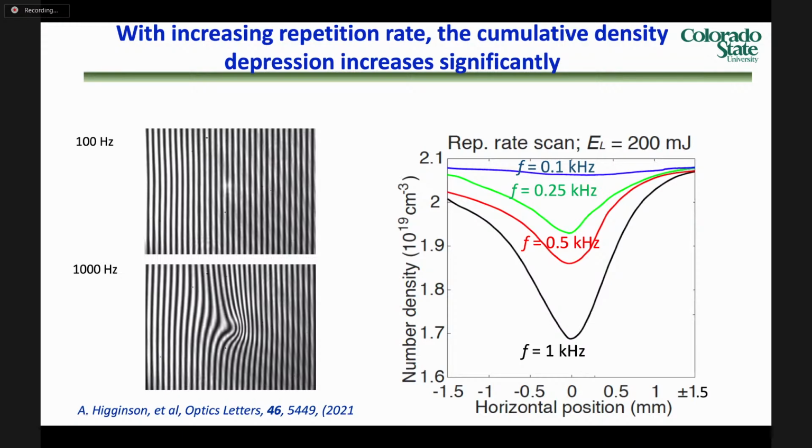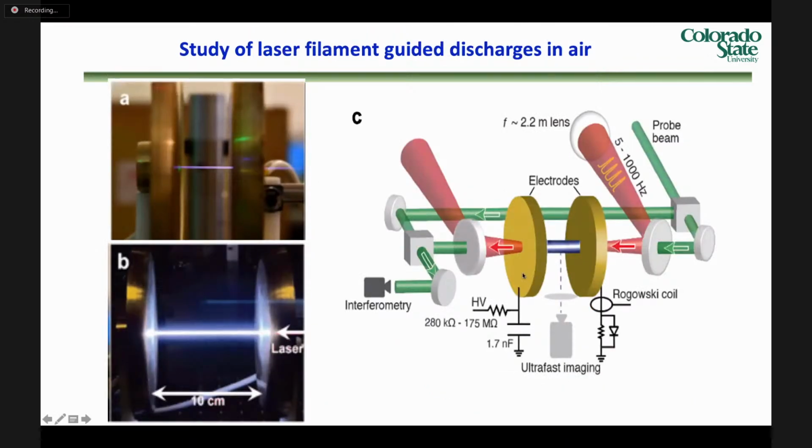It has been suggested in the literature that this cumulative depression that occurs at high repetition rate can produce a channel in which you can trigger and guide an electrical discharge. So we set up a modification of the experiment I just showed, in which we introduced 2 electrodes with a hole in the middle, such that the filament is created on axis between these 2 electrodes.